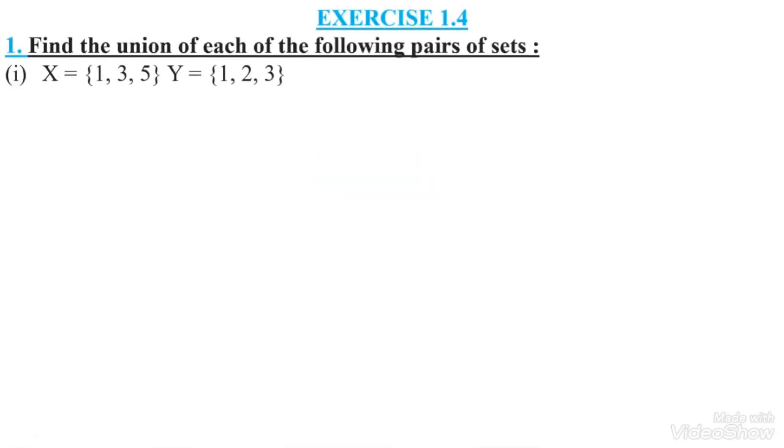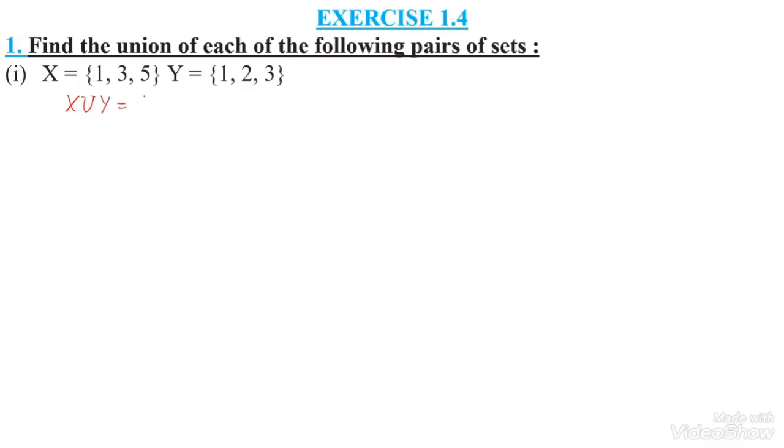First question: find the union of the following pairs of sets. First they have given two sets, and we have to calculate their union. This symbol represents the union.